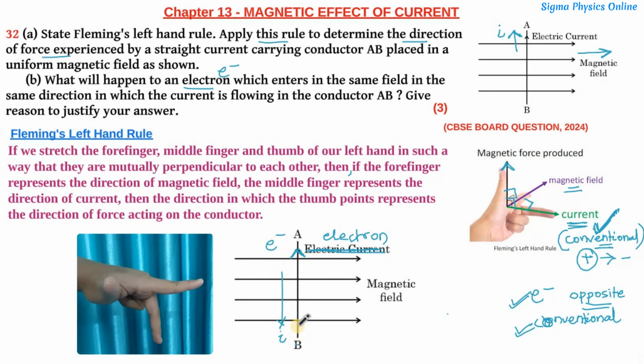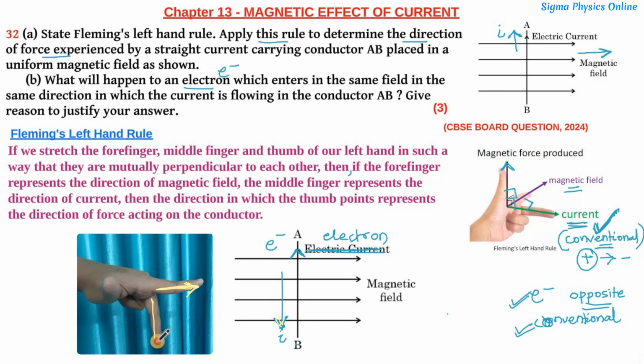Now, electron is going from bottom to top. So, the current will flow from top to bottom. So, this should be the direction of conventional current. Realigning our fingers so as to satisfy this condition, we see that the magnetic field is towards the right. Now, since the electron is moving upward, conventional current is going downwards.